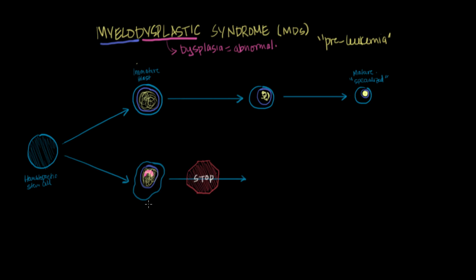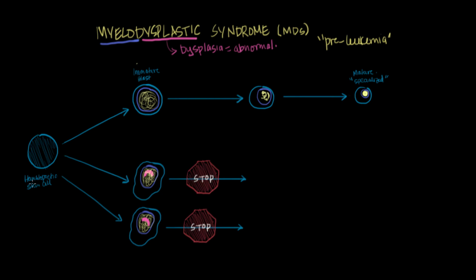And that means that this isn't a cancer of immature blast cells. Instead, this is a condition in which you have immature blast cells that have an abnormal appearance that can't mature and develop like normal blood cells should. Okay? So the hematopoietic stem cell, unfortunately, continues to make more of these abnormal blood cells that don't mature.